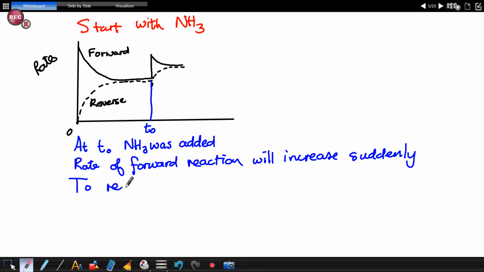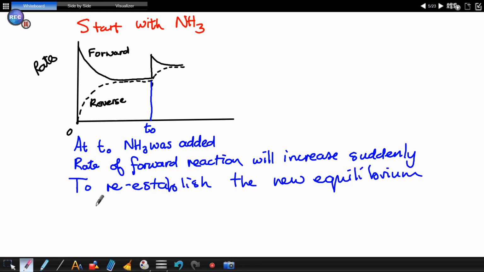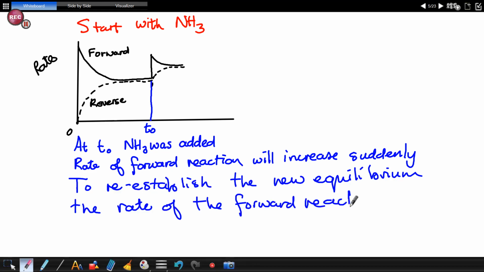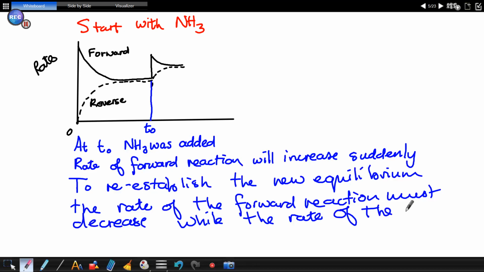To re-establish the new equilibrium, the rate of the forward reaction must decrease while the rate of the reverse reaction will increase.